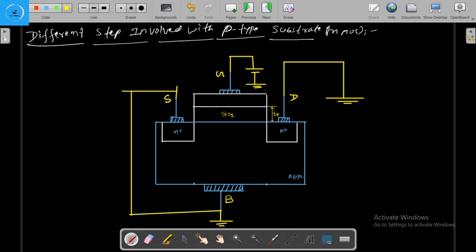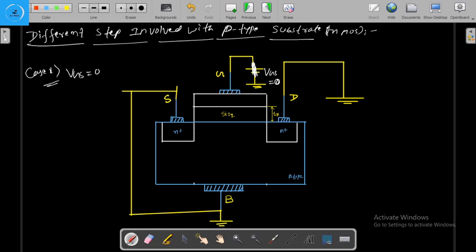In our first case, we make VGS equal to 0. When VGS is equal to 0, it means we have grounded the gate. The source is connected to the body and grounded, the drain is grounded, and the gate is also grounded.